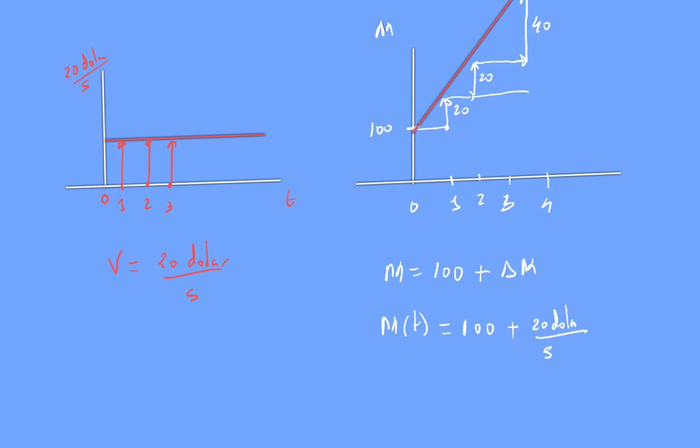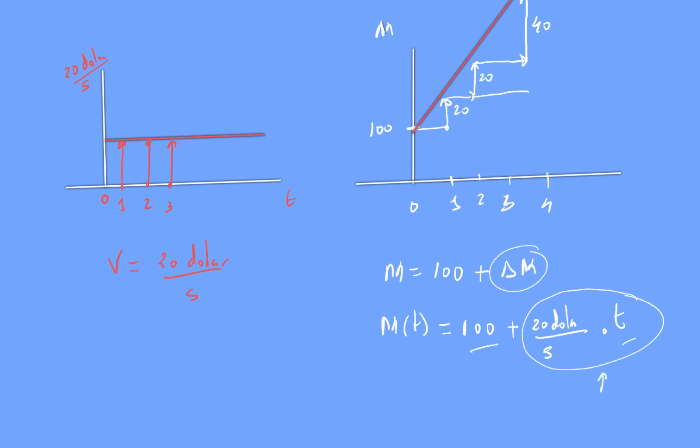The $20 that you earn every second, multiplied by the time t, is the total amount of money that you earn. If it happened to be 3 seconds, you earn $60. So your money will be 160, because it will be your initial money, the 100, plus what you earn.